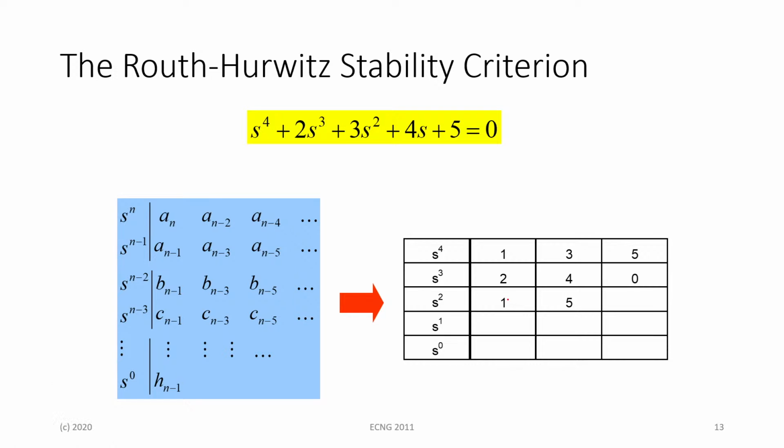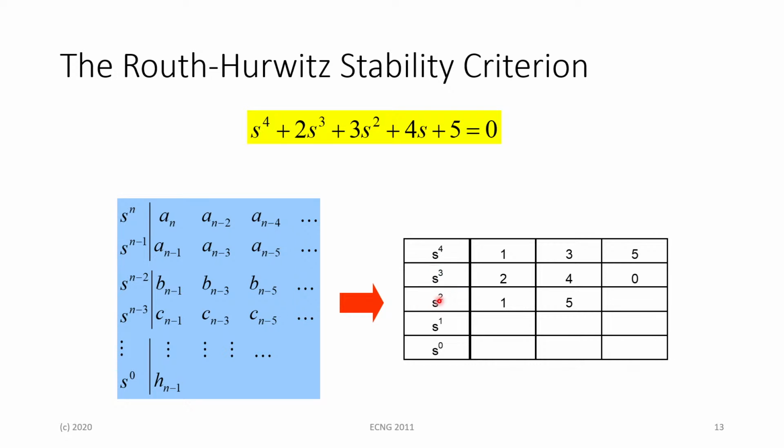So our first value here for our S squared row, because as you can see here, as we're going to be completing our Routh-Hurwitz table, each one of these rows, we start with the S to the power 4 row and the S to the cube row here.